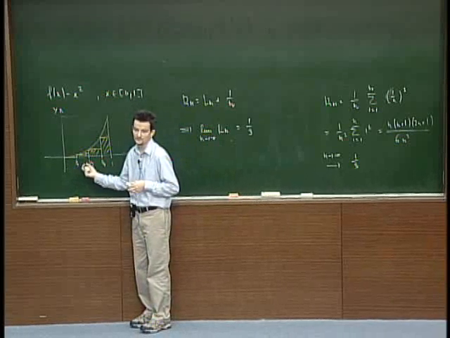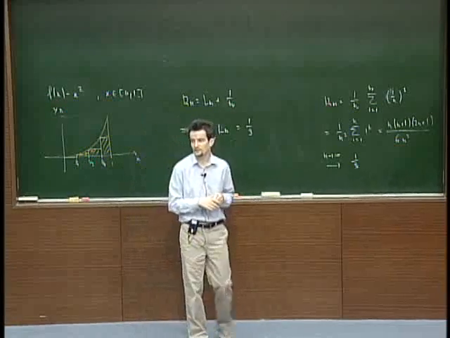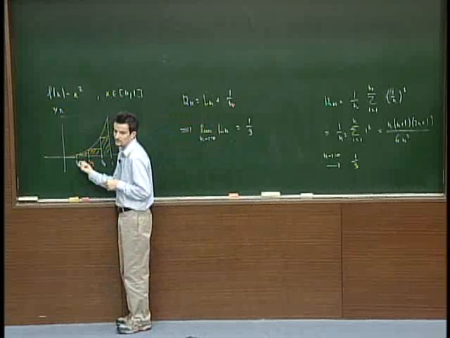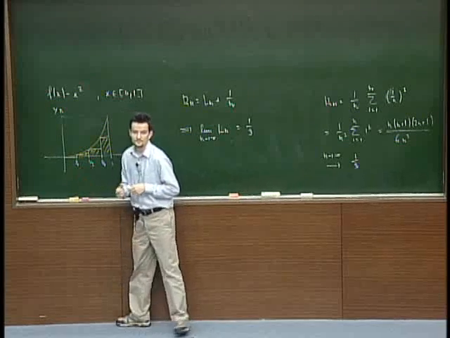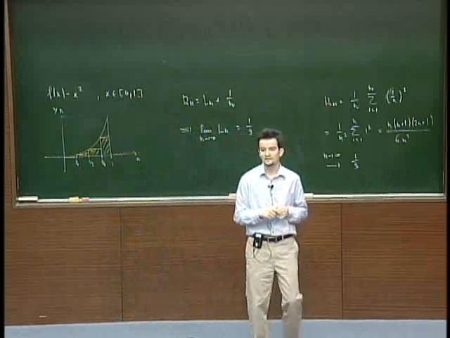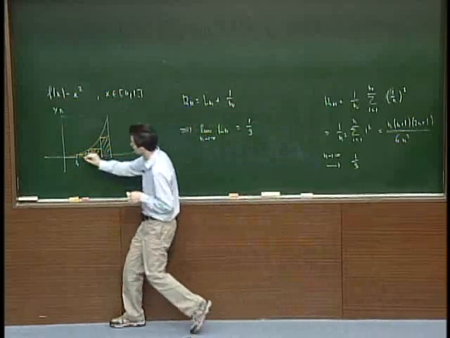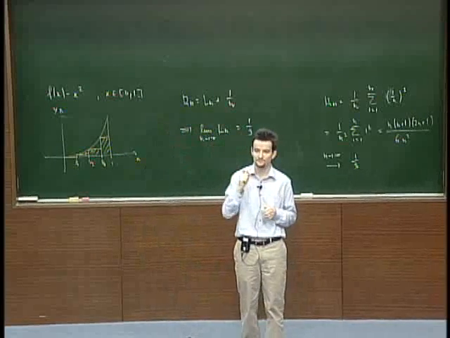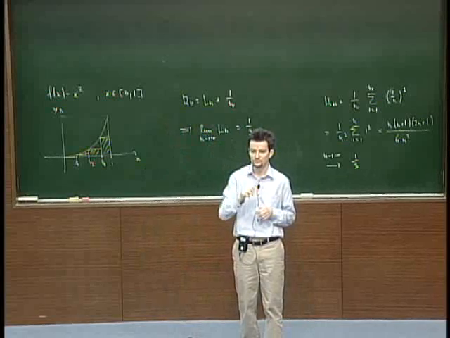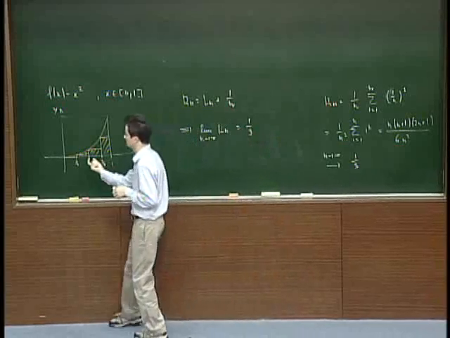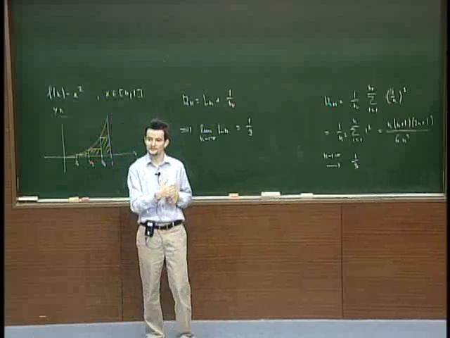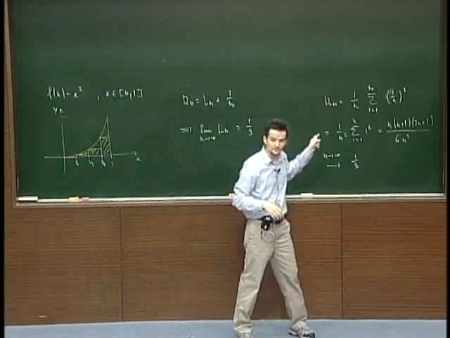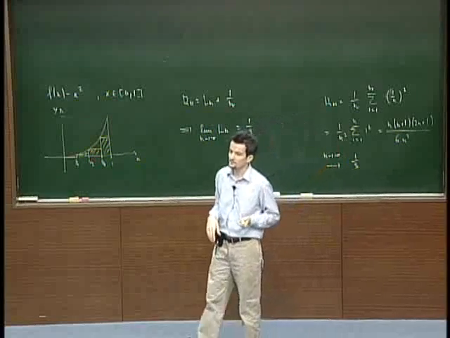So maybe one question you can ask: if you make the subdivision such that the lengths of the intervals are not necessarily the same, and you just look at the largest length and let it tend to 0, so you make the subdivision finer and finer, but not necessarily all the lengths are the same, is it still true that the limit of the corresponding sum of the rectangles exists for this function? And indeed, it can be proved, yes.